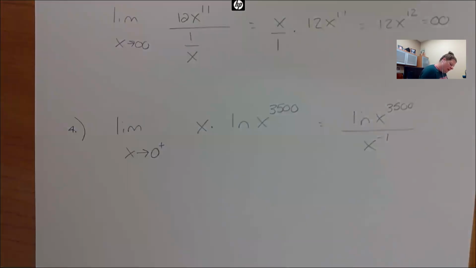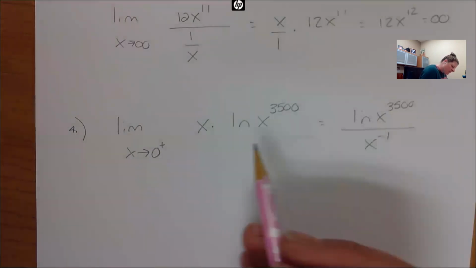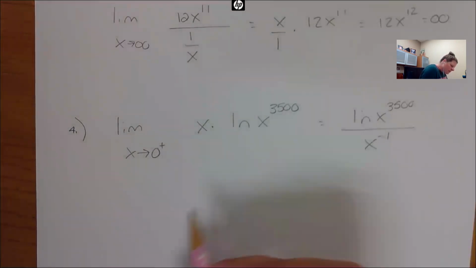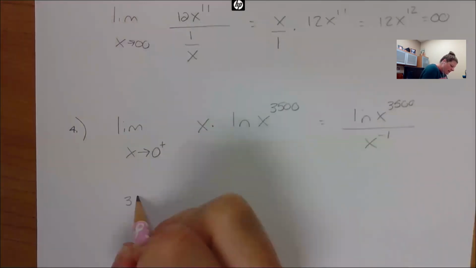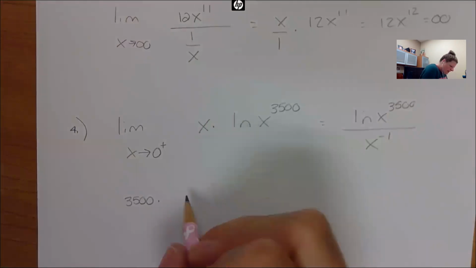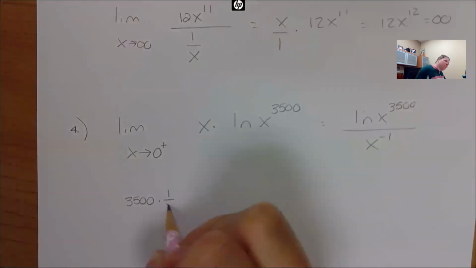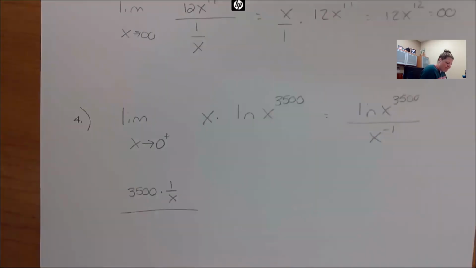Okay, so what can we do from here is do the derivative of the top and the derivative of the bottom. So this we would bring down out front. So we have 3,500 times 1 over x. That's going to be the top. So you have to bring the exponent out and then bring it down and then do the 1 over x.